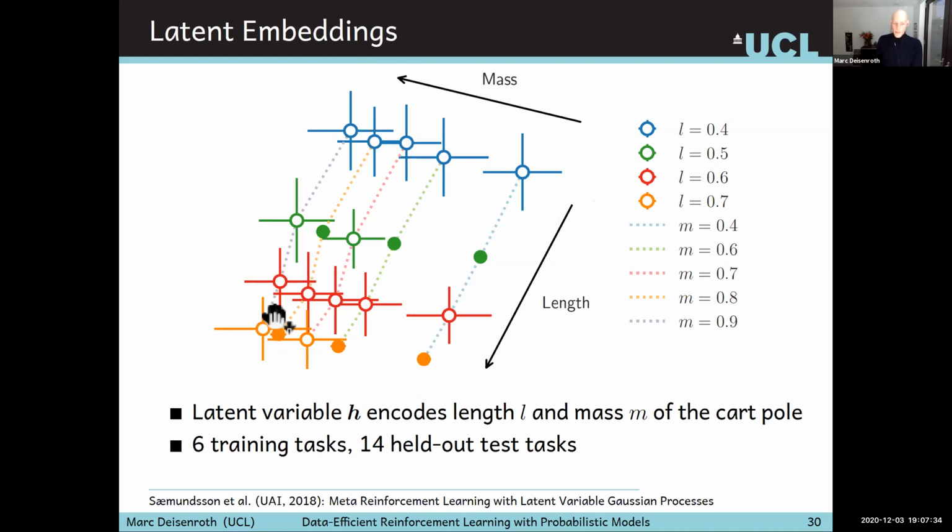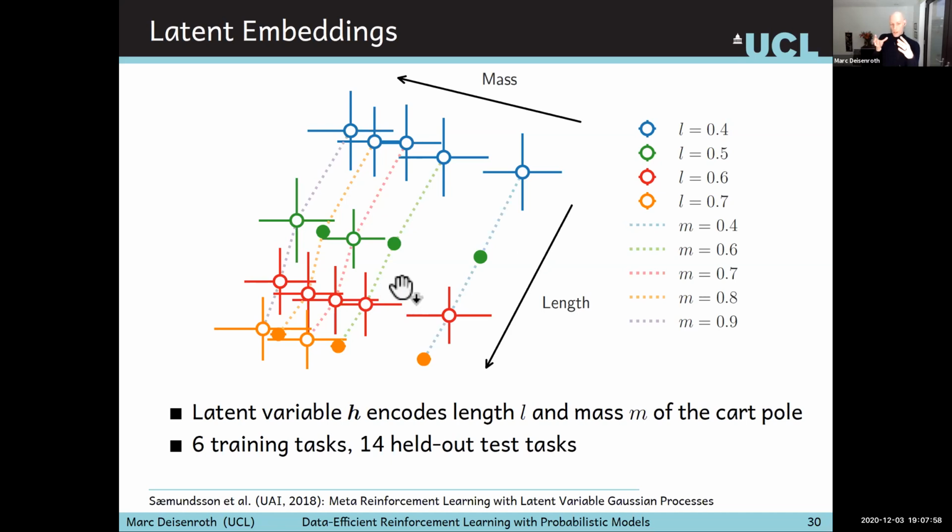And these tasks have in common that the pendulum is long and the mass is heavy. That means it's a very slowly moving system. Whereas if we look at the top, we have a short and light pendulum. That means the pendulum moves quite quickly. And the dynamics here are fairly dissimilar from anything else that we have in this kind of configuration set.